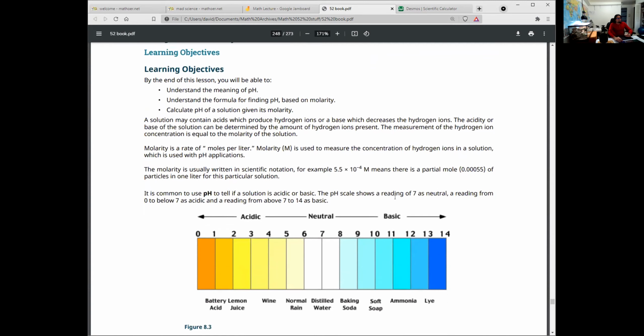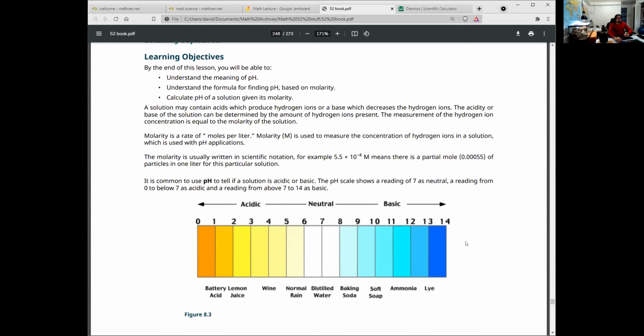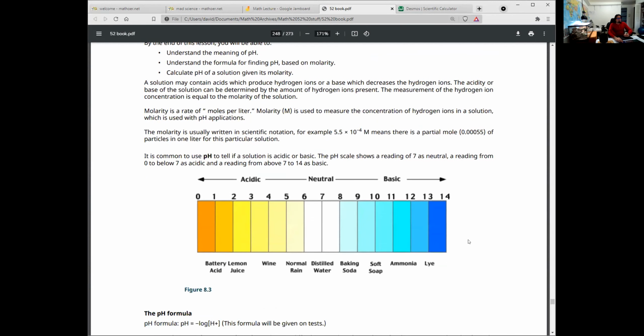8.4 talks about pH. If you have a swimming pool or hot tub or something, fish tank, then you might need to look at pH. pH is a little confusing because it sort of measures things backwards. People are often told incorrectly that pH measures acidity, but the bigger the number, the less acidic it is. And that's kind of weird.